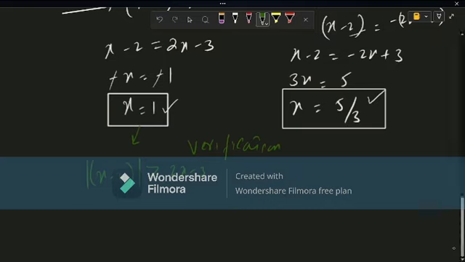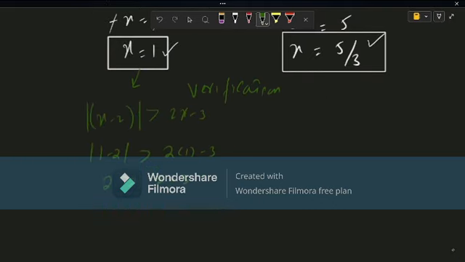So let's check whether it holds or not. |1 minus 2| is greater than 2 times 1 minus 3. |1 minus 2| means |−1| is 1, so 1 is greater than 2 minus 3, and this is minus 1.